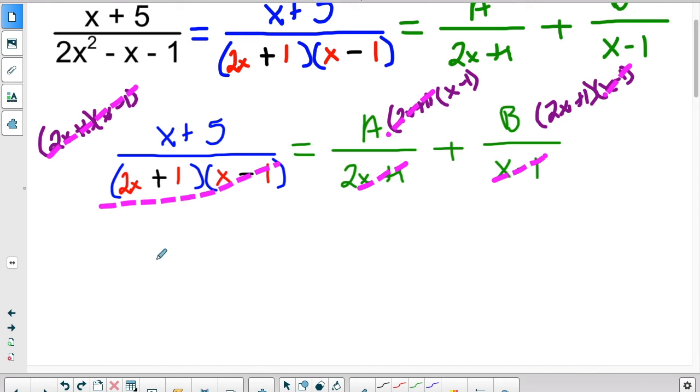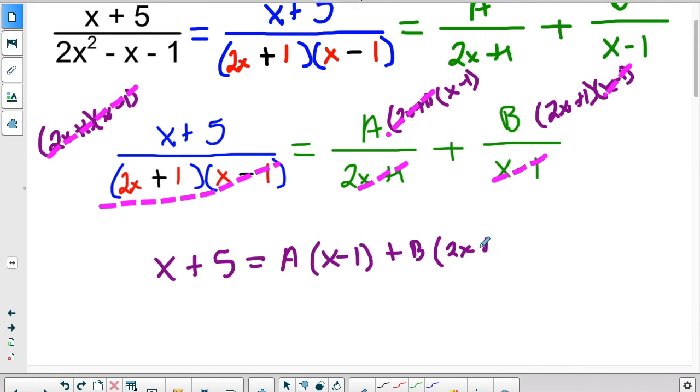So what that leaves us with is x plus 5 is equal to A times, not 2x plus 1, it'd be just x minus 1. Fix that. x minus 1 plus B times 2x plus 1.